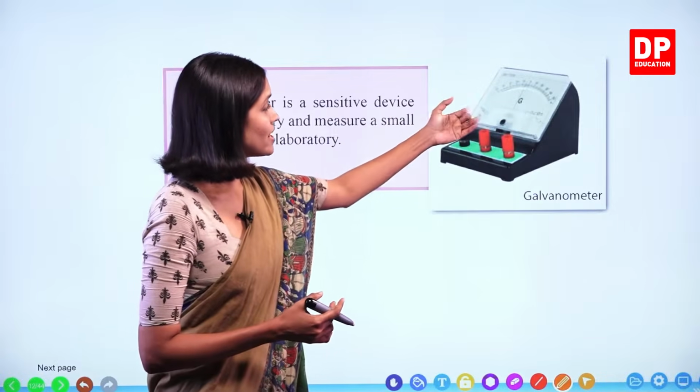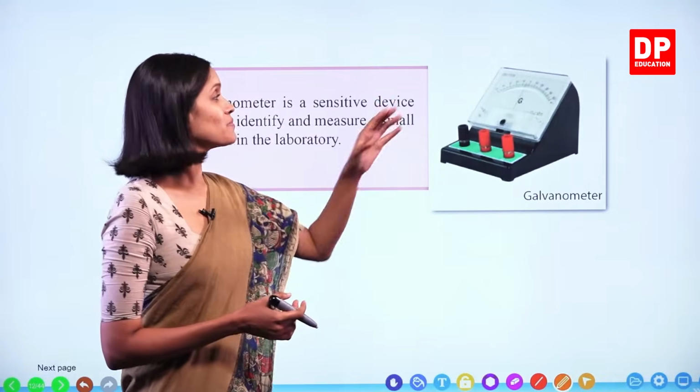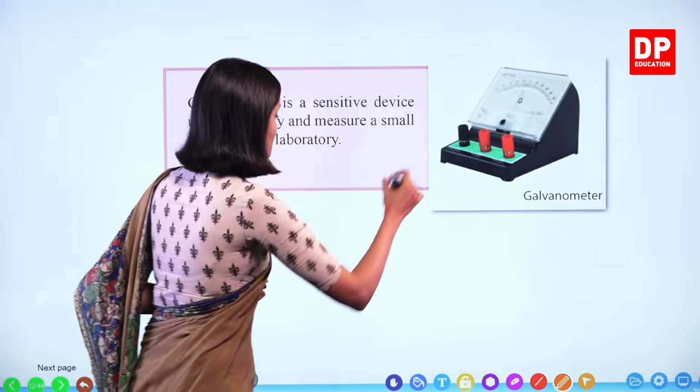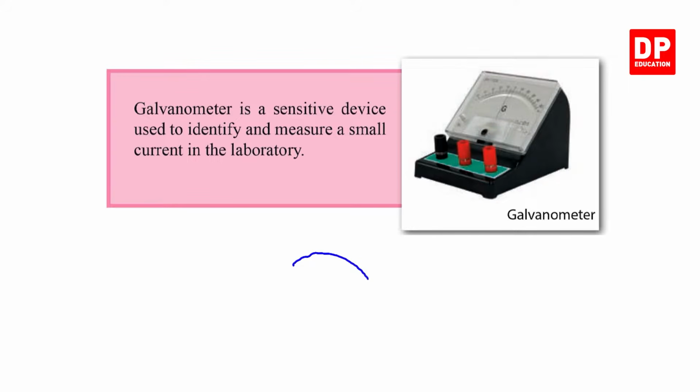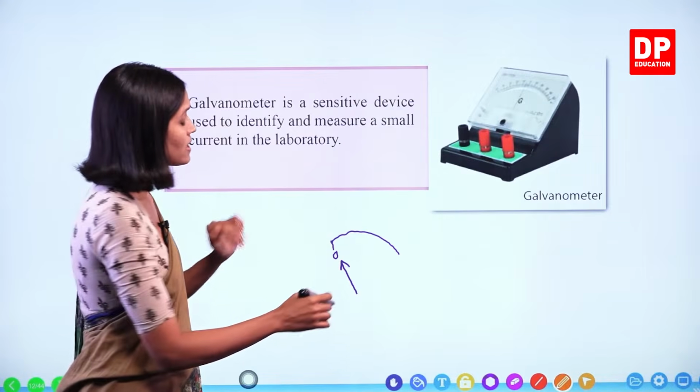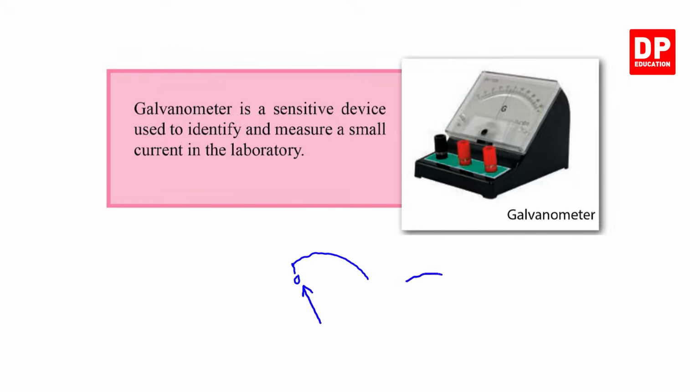So there are different types of galvanometers. In some galvanometers, the calibration numbers are there, and sometimes it presents 0 in the corner. So when electricity does not flow through the galvanometer, the indicator is at 0, right? Some types of galvanometers have 0 present in the middle, at the center, like this.